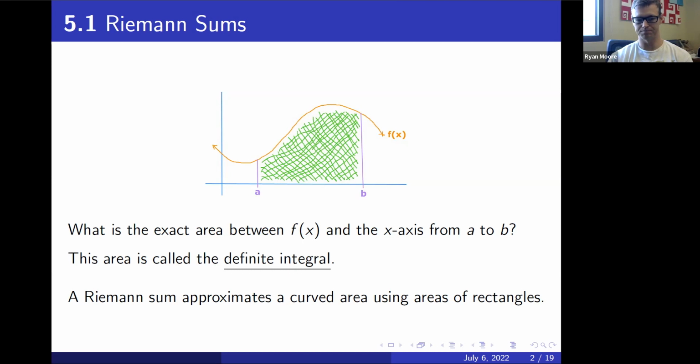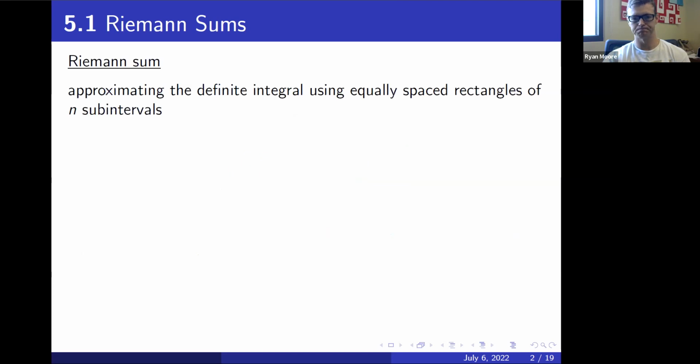A Riemann sum will approximate that curved area using rectangular areas. What do we mean? Here's a little bit more detailed definition. A Riemann sum approximates the definite integral using equally spaced rectangles of n subintervals.